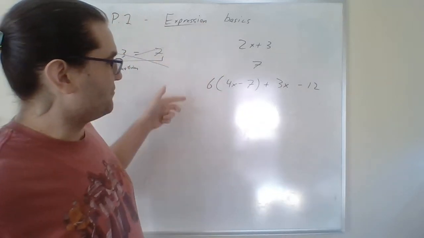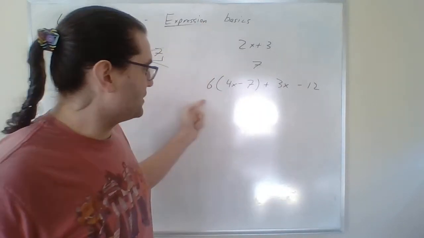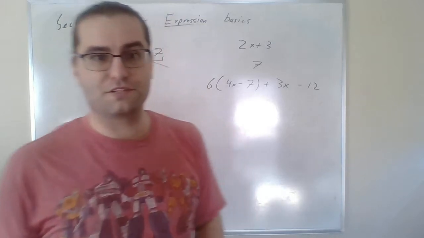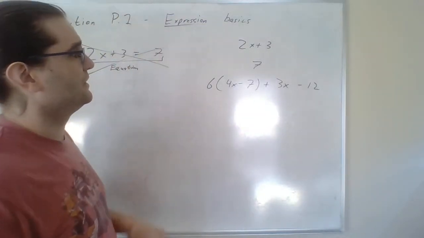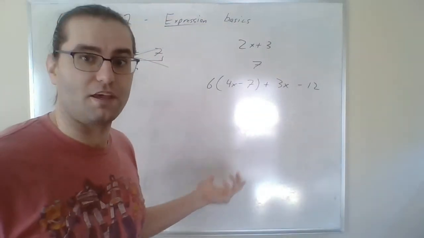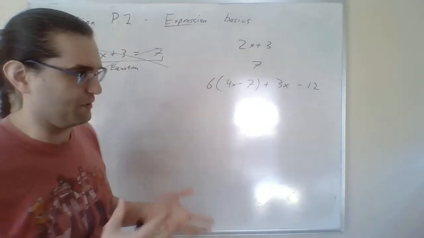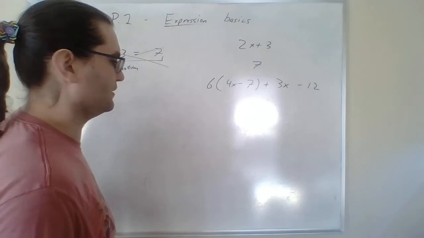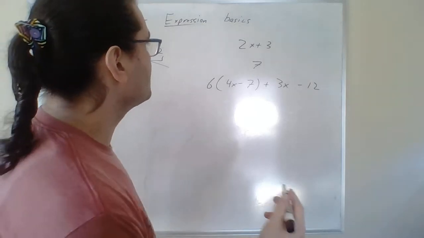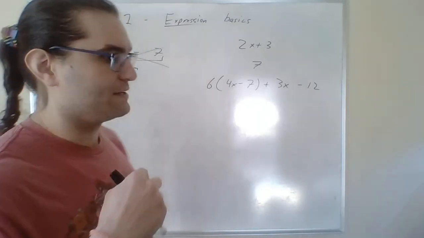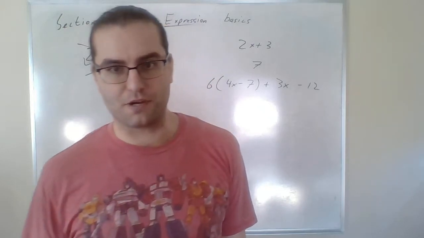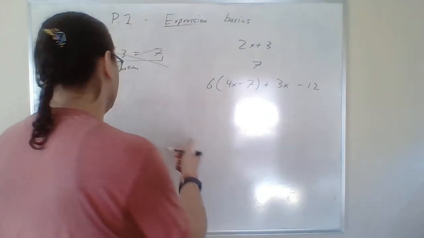So these are already simplified. This bottom one could be simplified a bit if we wanted to, or we could evaluate them given a certain value of x, or y, or t, or f, or whatever variable you have. Evaluating expressions is what we're going to start with.